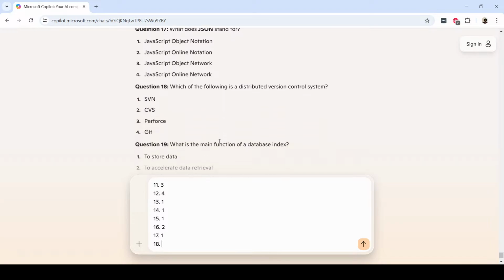Which of the following is a distributed version control system? SVN, CVS, Perforce, Git.